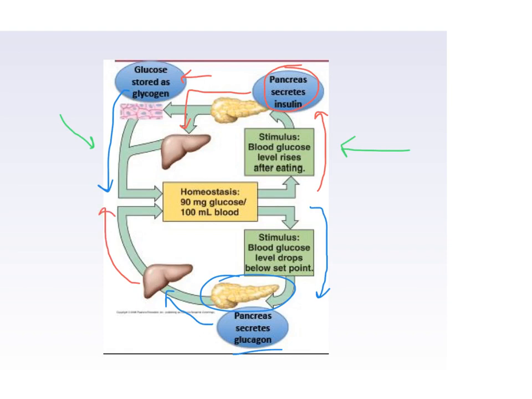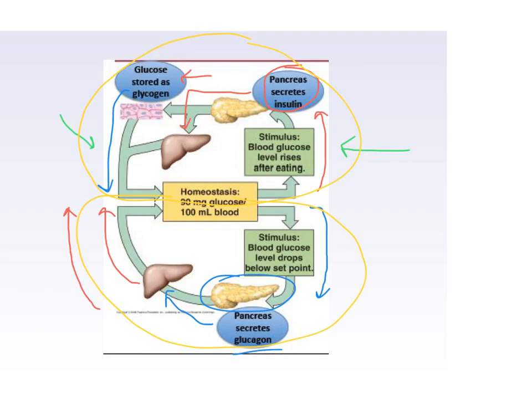So both of these examples, on top and on bottom, are both negative feedback. So don't think that negative always means make it go down. No. In certain cases, we need blood glucose to go back up because it's too low. That's negative feedback. When it goes down, it makes it go up. And when the body becomes too high in some sort of stimulus, it makes it come back down.